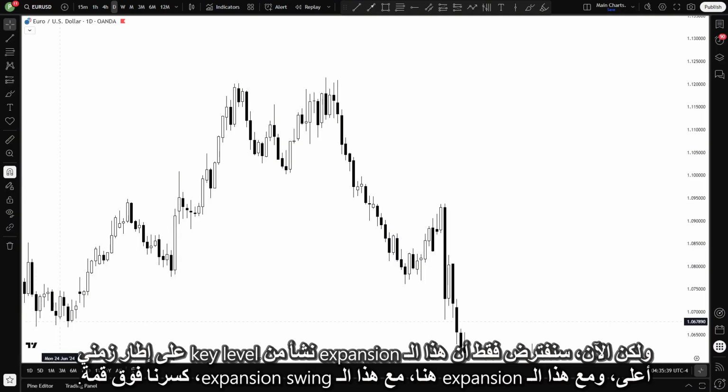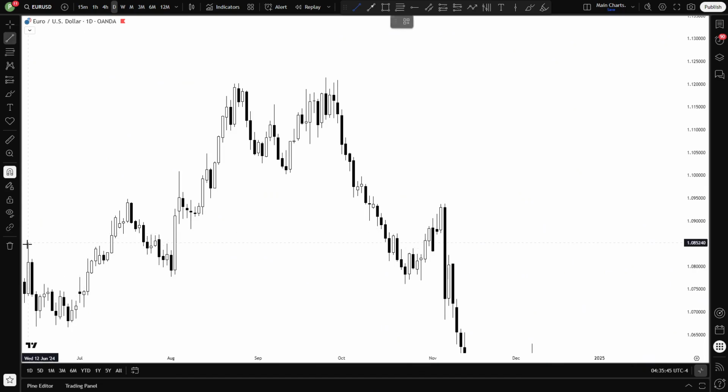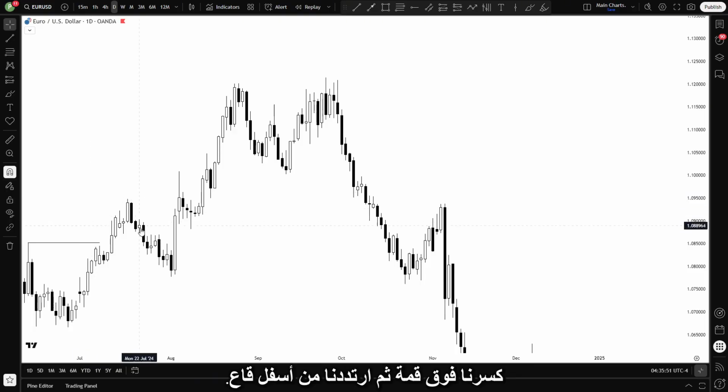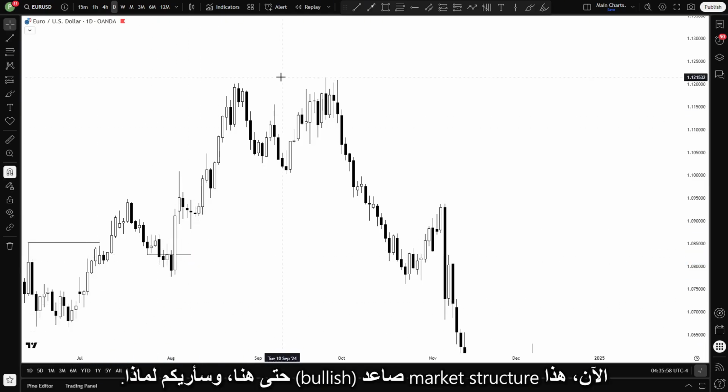arose from a higher time frame key level, and with this expansion swing, we broke above a high, right? We broke above a high, and then we rejected below a low. Now this is a bullish market structure till here, and I'm going to show you why.